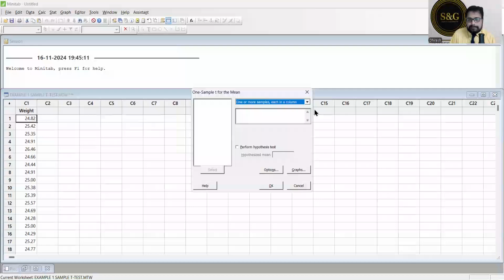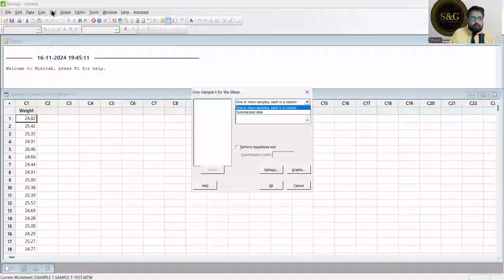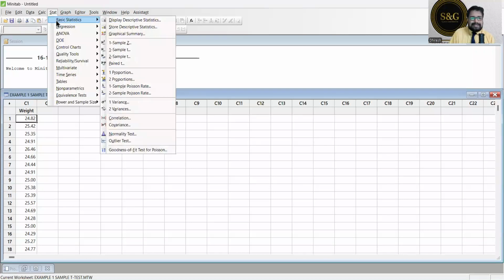This window will open. Go to summarize data. No. Yeah, go to Stat, Basic Statistics, one sample t-test.